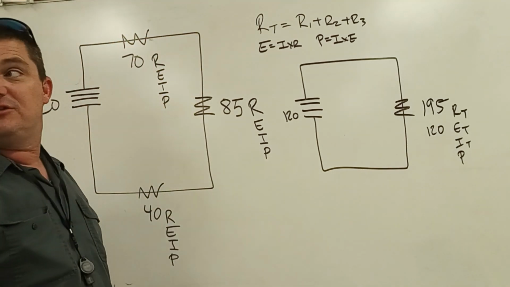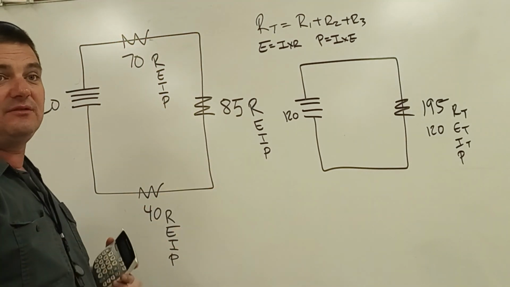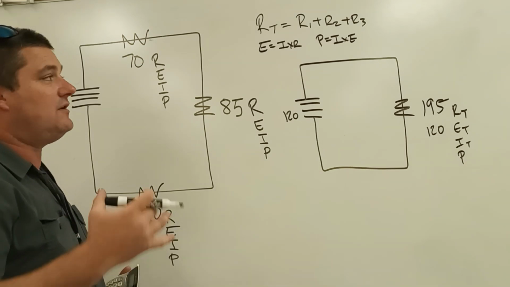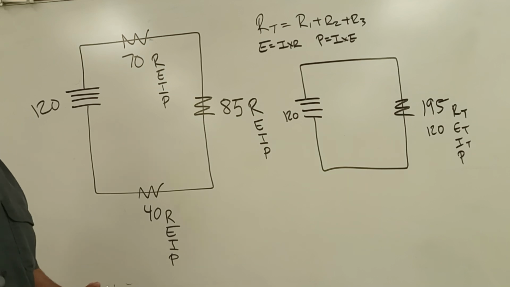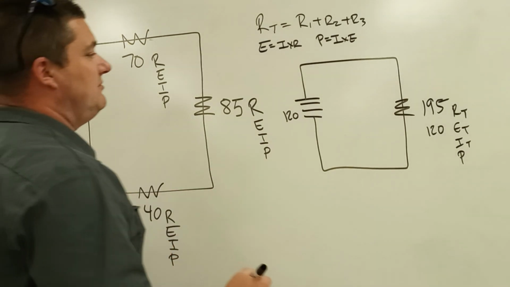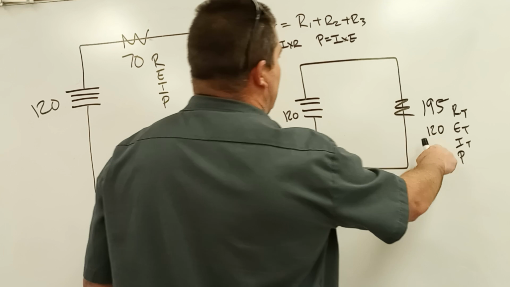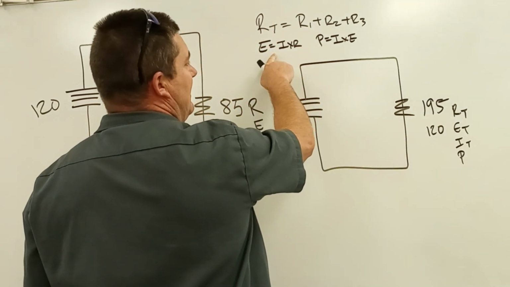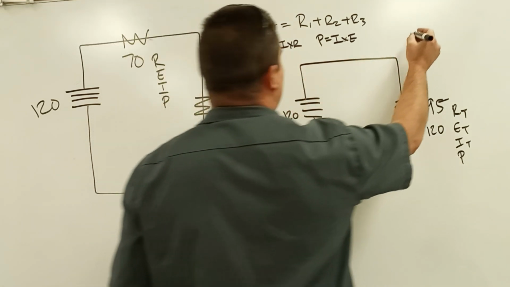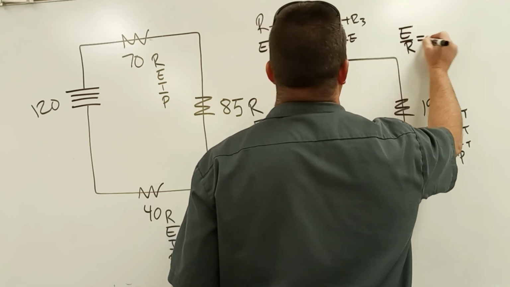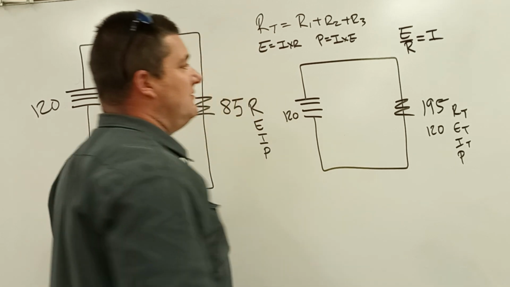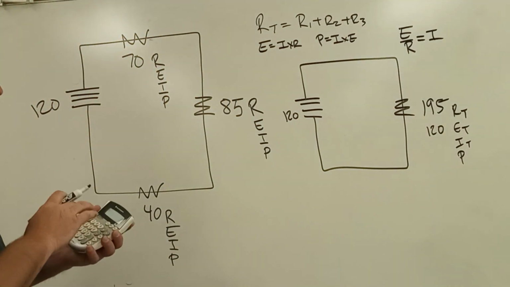With basic algebra, you can substitute and solve for them, or you can use the Ohm's law chart on the front of the Uglies book or the one out of our lecture book. If you're trying to find the current, you can modify this formula and you end up with E divided by R equals I, or the voltage divided by the resistance equals the current.